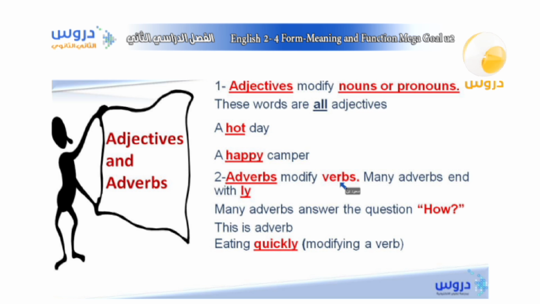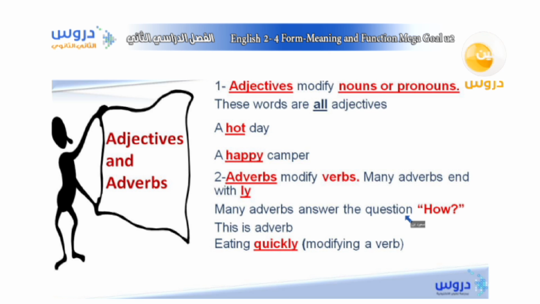Adverbs modify verbs. Okay, modify verbs. We add ly to the adjective. For example, here quickly, this is an adverb because we add ly to the adjective. Quickly, carefully. Adverbs modify verbs. Many adverbs end with ly.